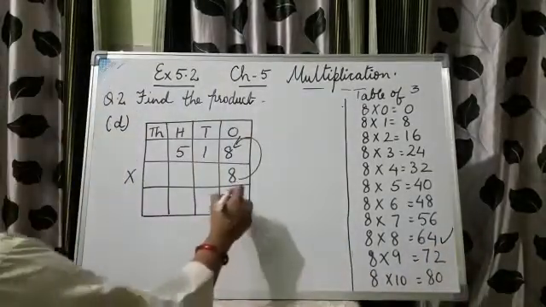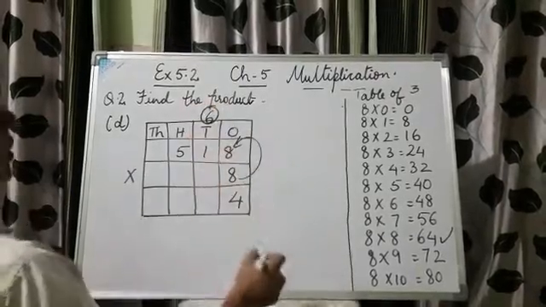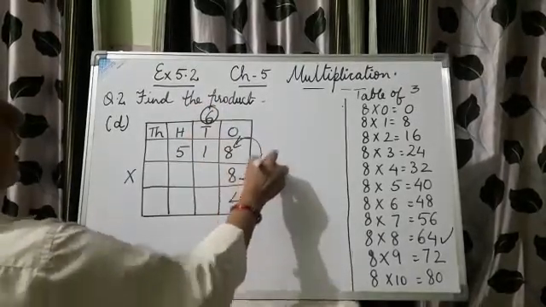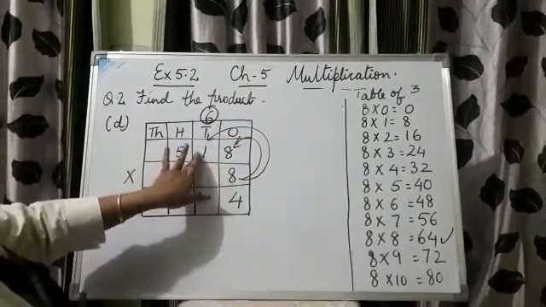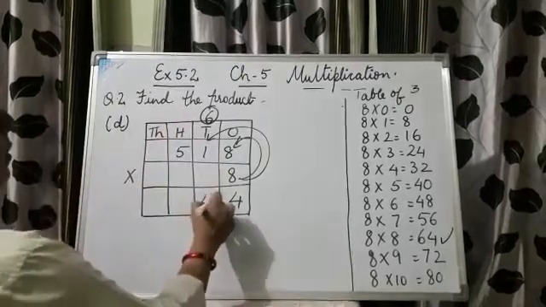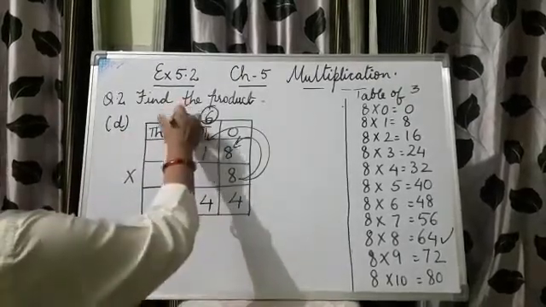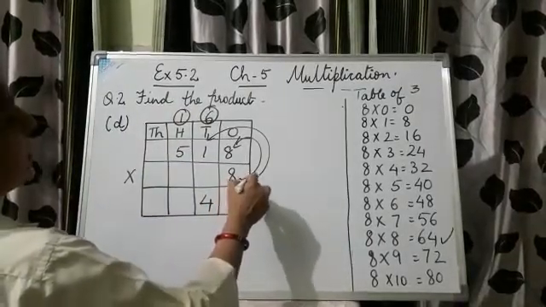So children, we will write 4 here and 6 carried over. Now 8 to be multiplied with the tens place digit, that is 8 ones are 8 plus 6 is 14. 4 here and 1 carried over to the next place.